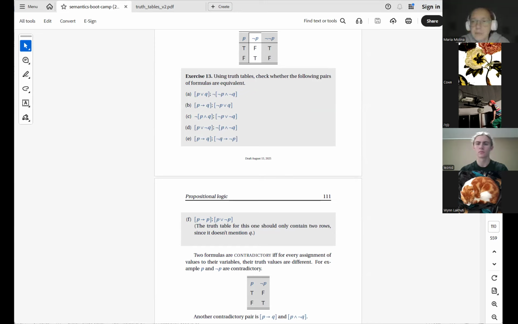Okay. P and Q. Equivalent. Can you explain?